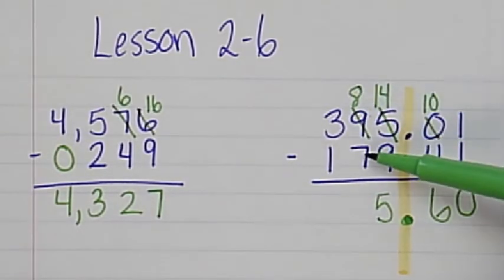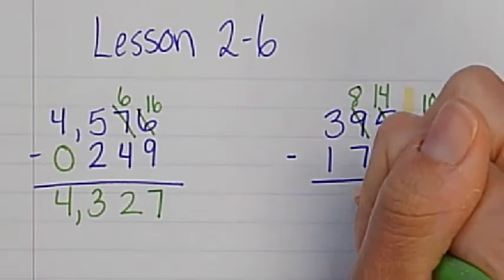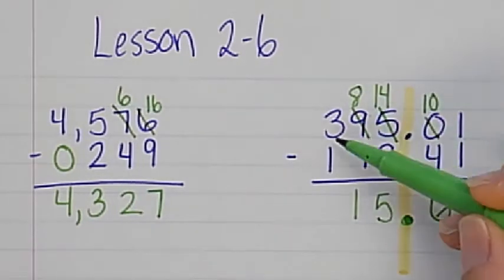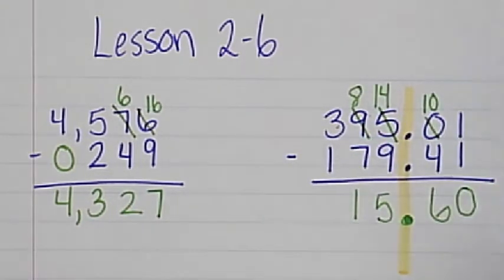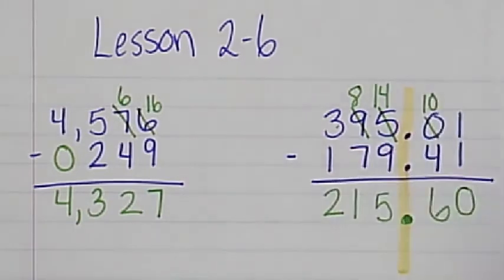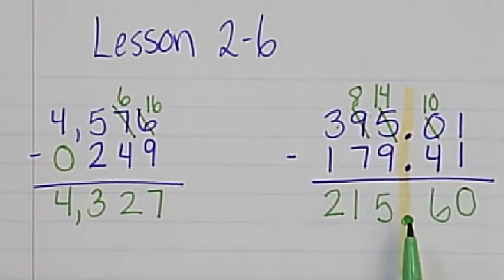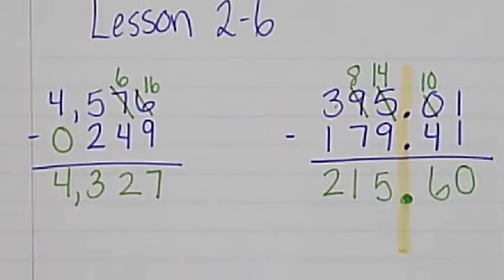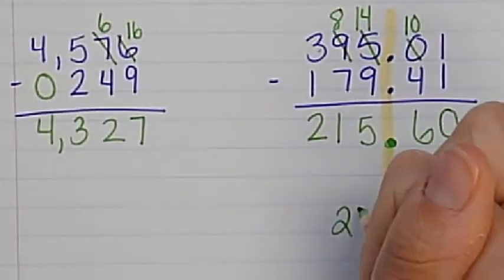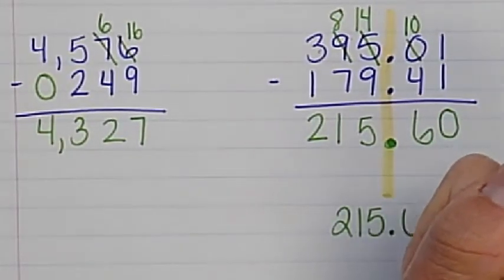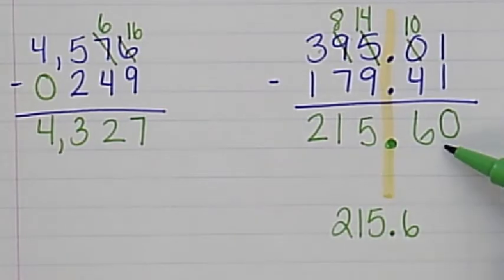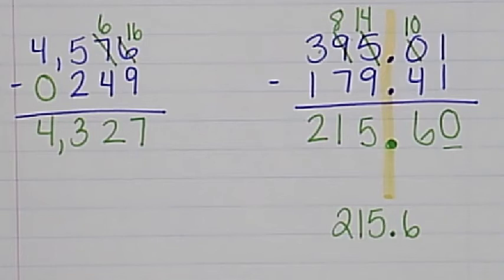So I have 8 tens minus 7 tens, which leaves me 1 ten left over, and then 3 hundreds minus 1, 3 minus 1 is 2. So I end up with 215 and 60 hundredths. But we already know that we can write this as 215 and 6 tenths because that 0 at the end is just a placeholder. So I have 215 and 6 tenths.